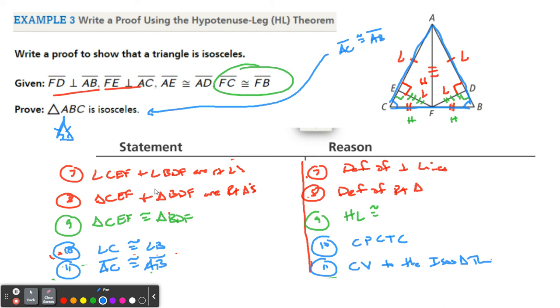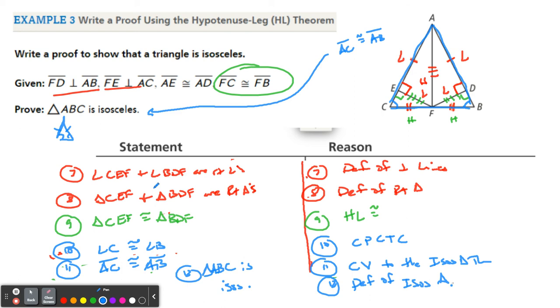The converse says if you have the base angles congruent, then the opposite sides are congruent. And if segment AC, all the way down here, and segment AB are congruent, then yes, triangle ABC is isosceles. So number 12, triangle ABC is isosceles. And that is the definition of an isosceles triangle.